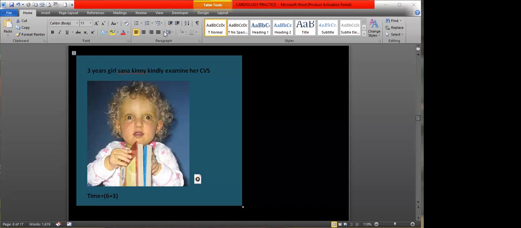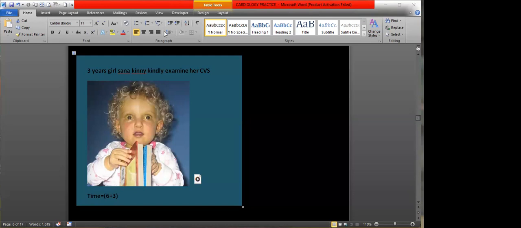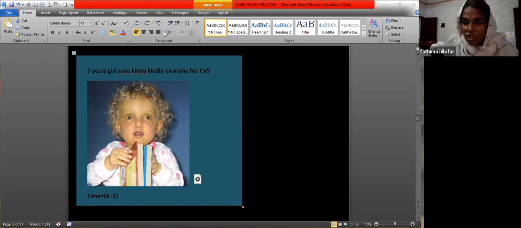Apart from this, what investigations do you want to do in this child? I would like to take a detailed history and review the previous files for this child. At present, I would like to do a full blood count and liver function test, and for the cardiac part, a chest X-ray, ECG, and echocardiogram.